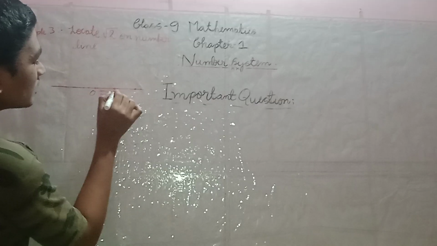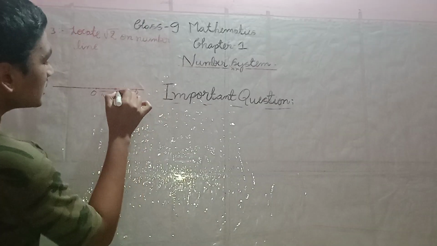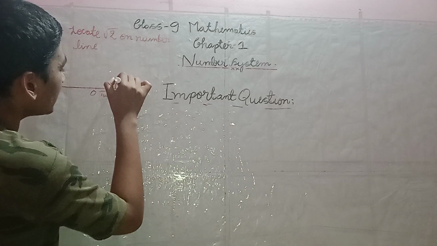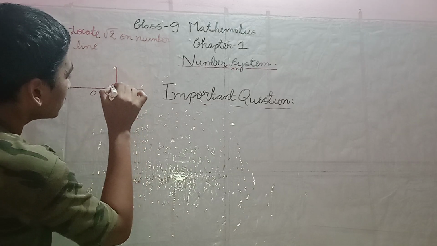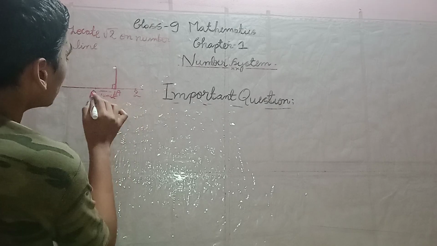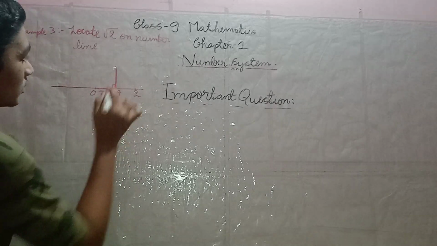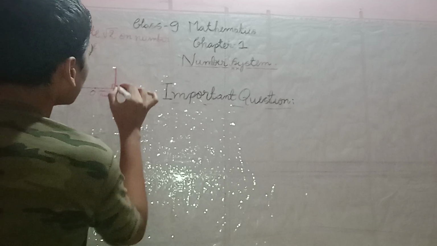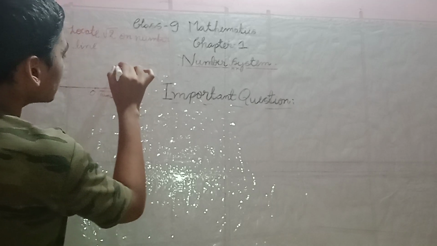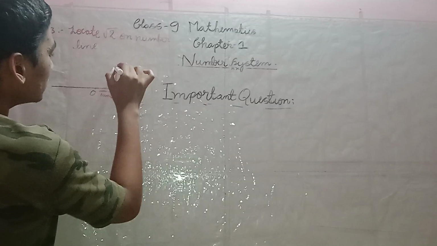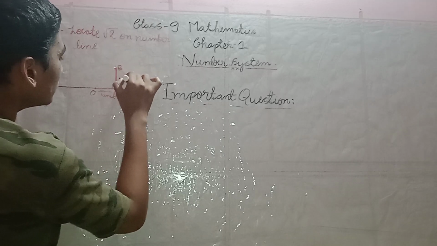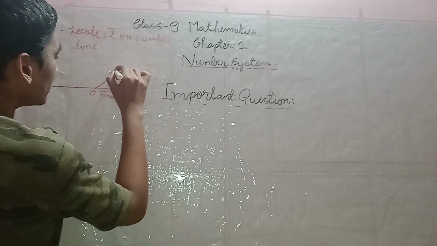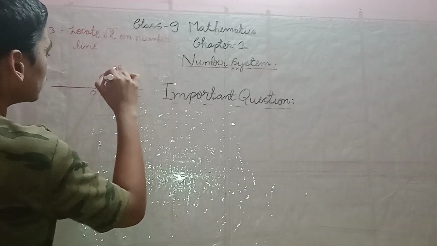Next, with the same measure, name this point A. At A, draw a perpendicular line to OA. Next, cut 1 unit and mark this point as point B. The measure from here to here is 1 unit, and join OB, which is root 2.